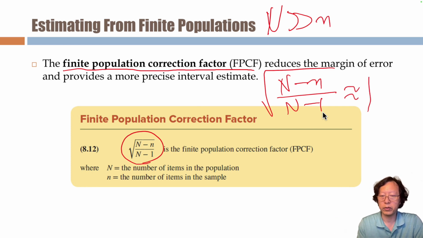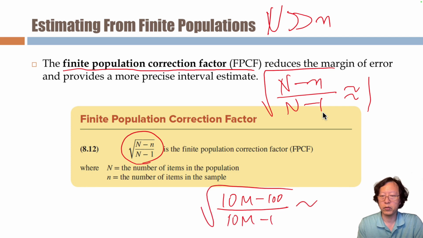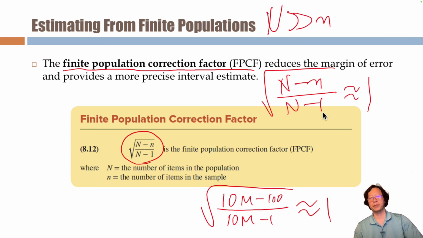For example, 10 million minus 100 divided by 10 million minus 1. If you take 100 out of 10 million, that is pretty close to 10 million, and 10 million minus 1 is also pretty close to 10 million. So the calculation will be just 1.